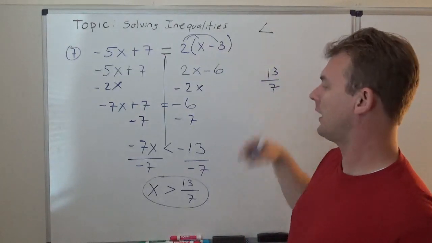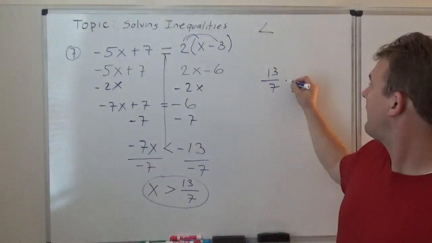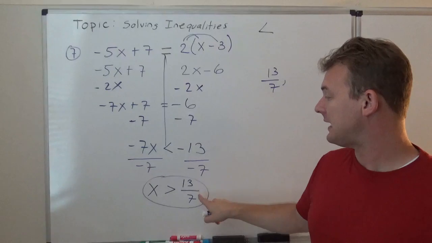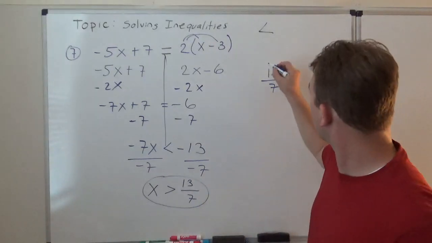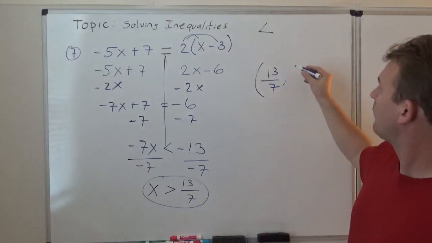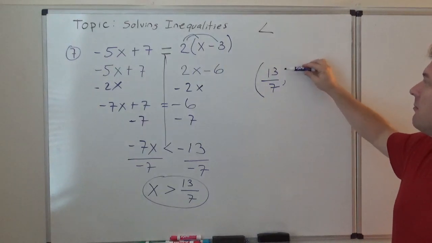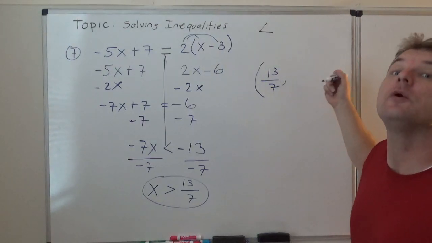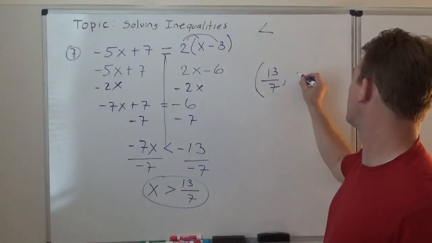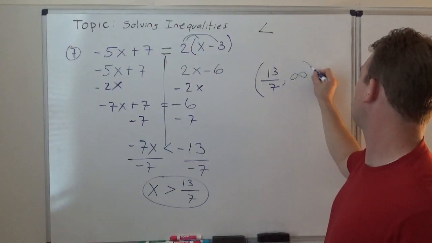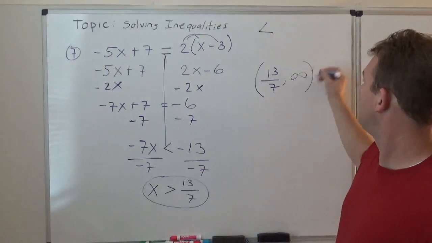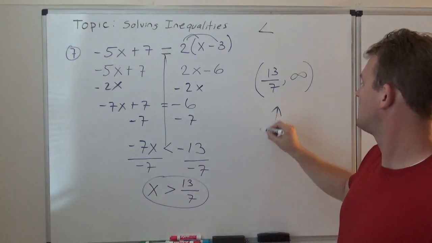And what way are we going to go? We're going positive, so we can have more numbers. But we can't have it equal this. So we're going to put a parenthesis. And we're going to say, well, we can have bigger than this fraction. So we can go where? All the way to positive infinity this time. And then, there you go. You can't include infinity. So there's your interval notation.